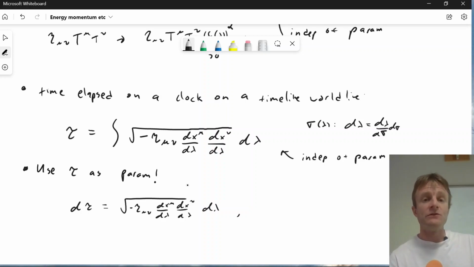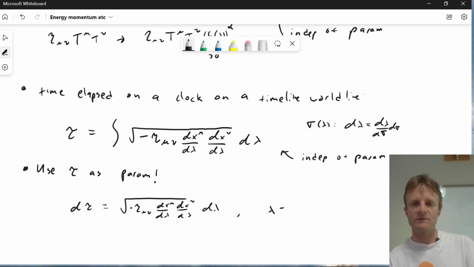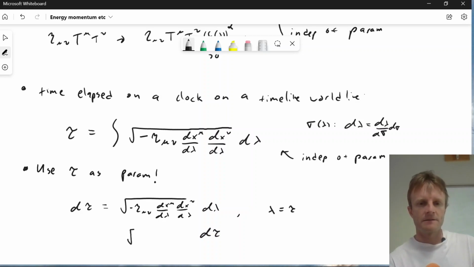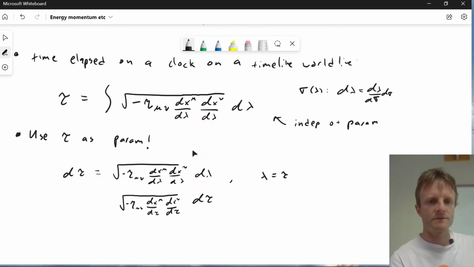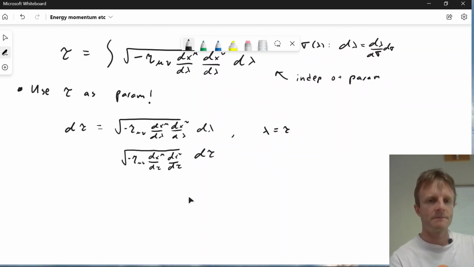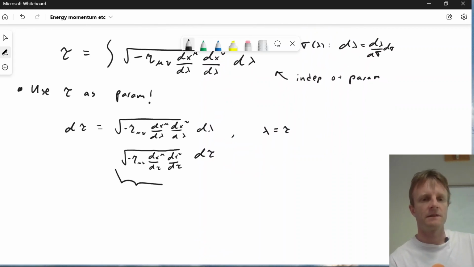what do we have to do to use tau as a parameter? Well, suppose lambda equals tau. So then we have d tau here, and we just have minus eta mu nu dx mu d tau dx nu d tau. But you see that for these two things to be equal, because we have a d tau on each side, this must be 1.